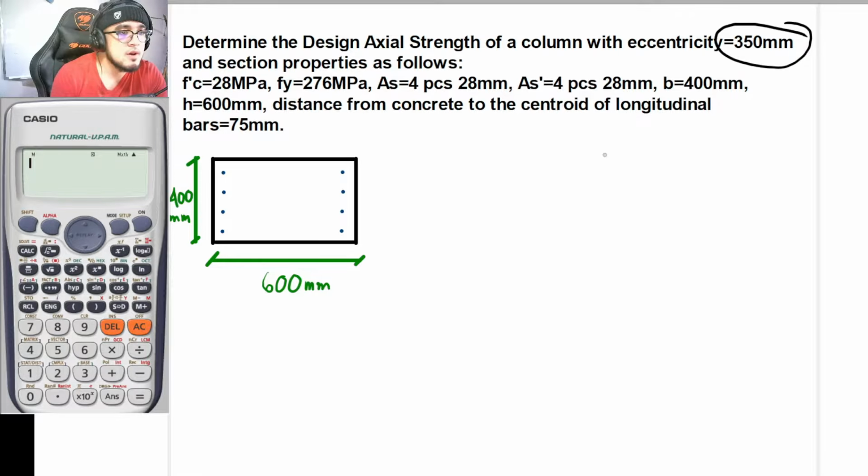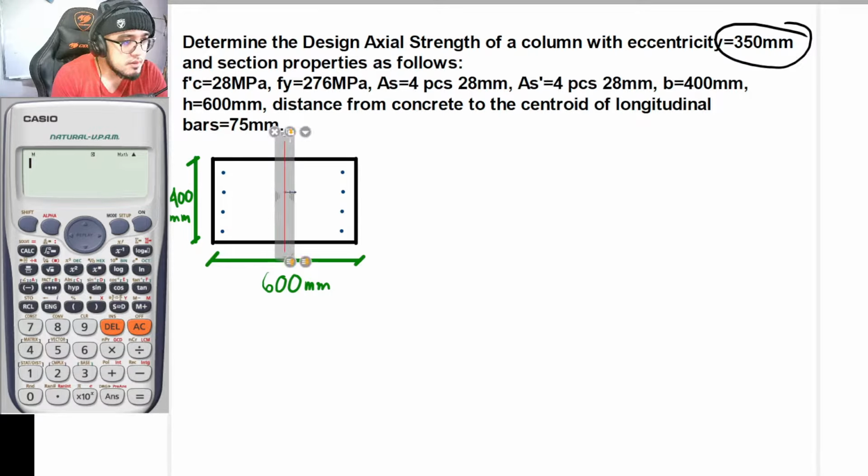Okay, so let us first determine what the value of our effective depth d is. By the way, guys, for your eccentricity, if this is 600 mm and you get its centroid, its centroid would be approximately here, or let's say exactly at that part if my scaling is correct.